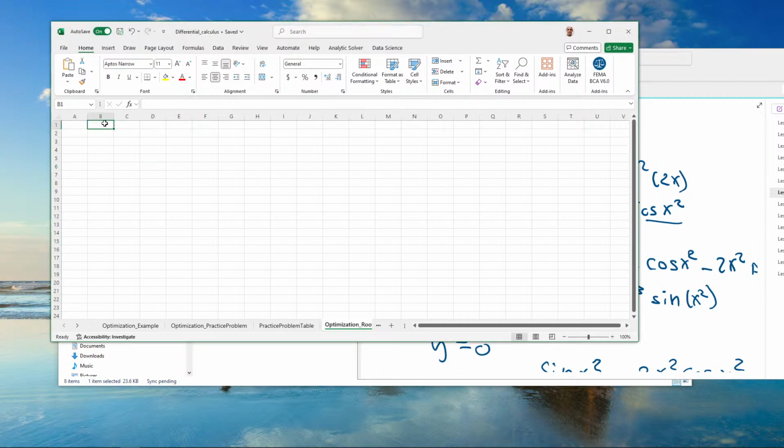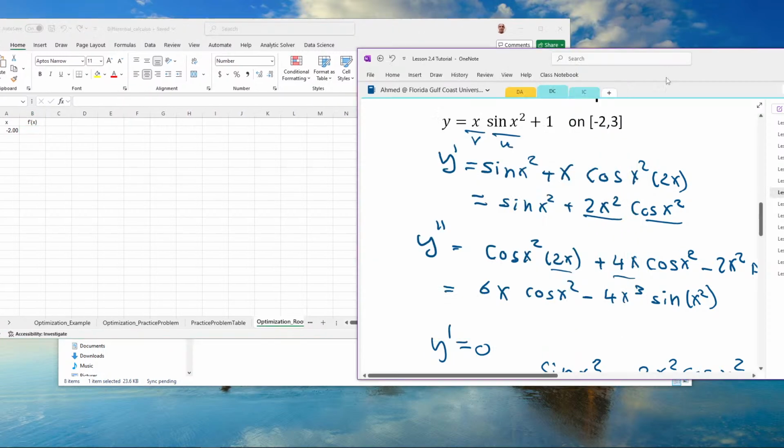So here is my f prime of x, and my x. Let's say x is equal to minus 2, here's the end of my interval. So now this is my equation here. I need to type this equation here.